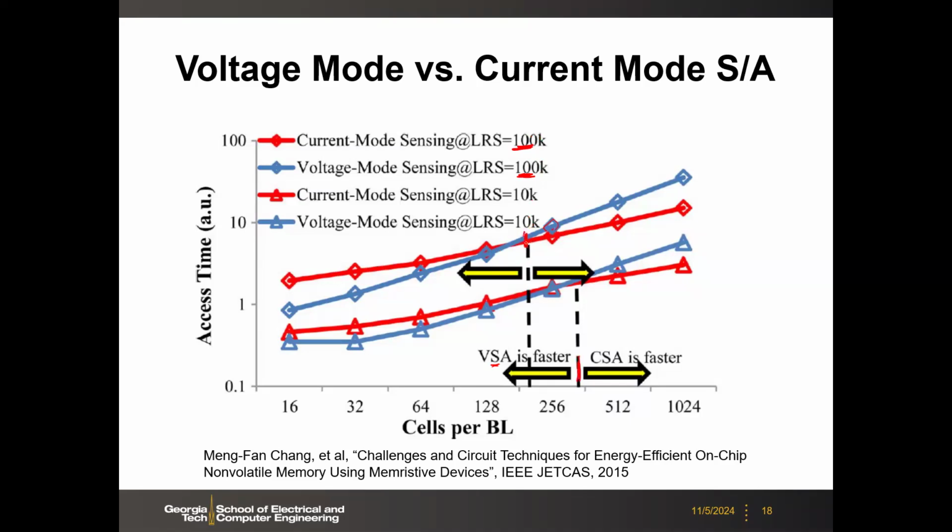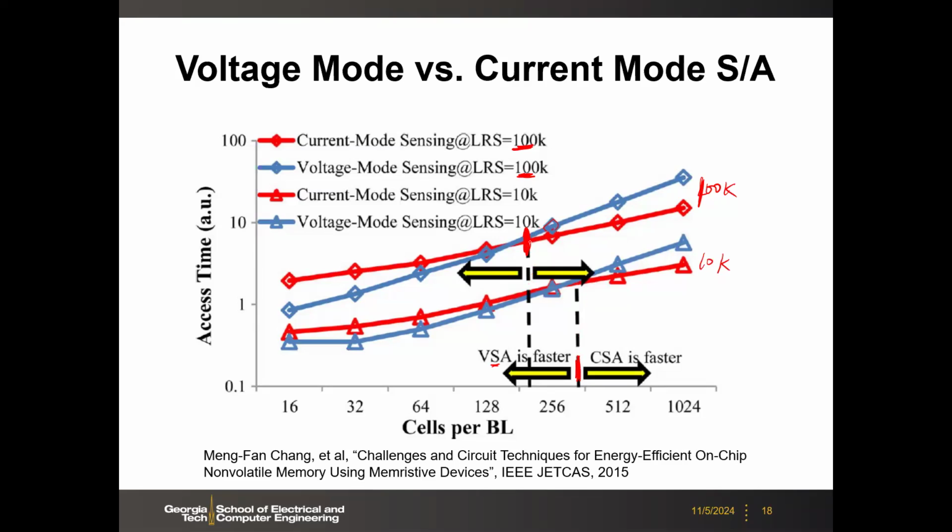Okay. So this is like a resistance is 100K, and this is 10K. Of course, the lower the resistance, the faster the sensing, right? Because RC delay. So here, if your resistance is high, I mean the memory resistance is high, then this break-even point between the voltage mode and current mode will shift.